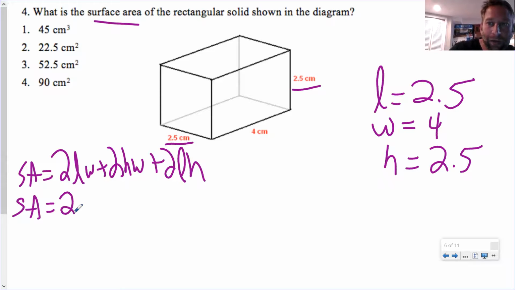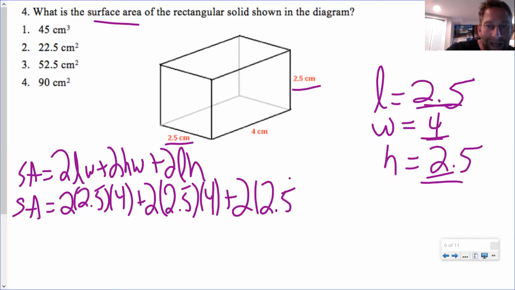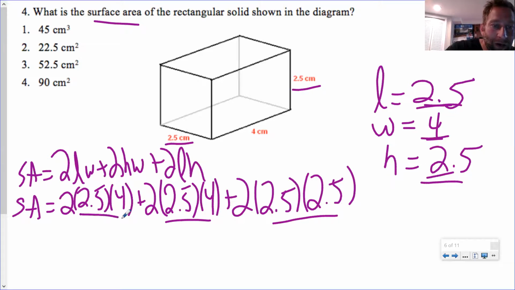So LW, 2.5 and 4. HW, 2.5 and 4. LH, 2.5 and 2.5. Again, like I said in the other examples, make sure there's no duplicates. There are duplicates here, but that's because two of these are the same.